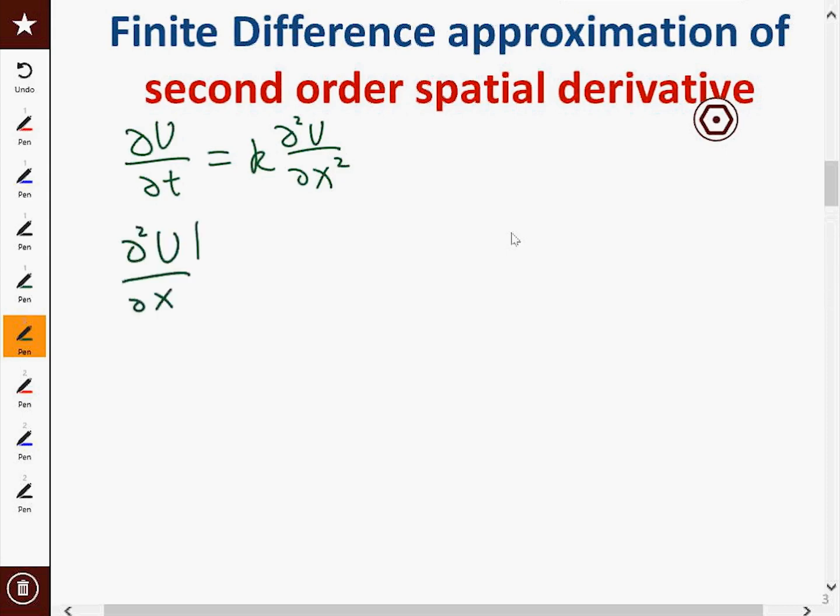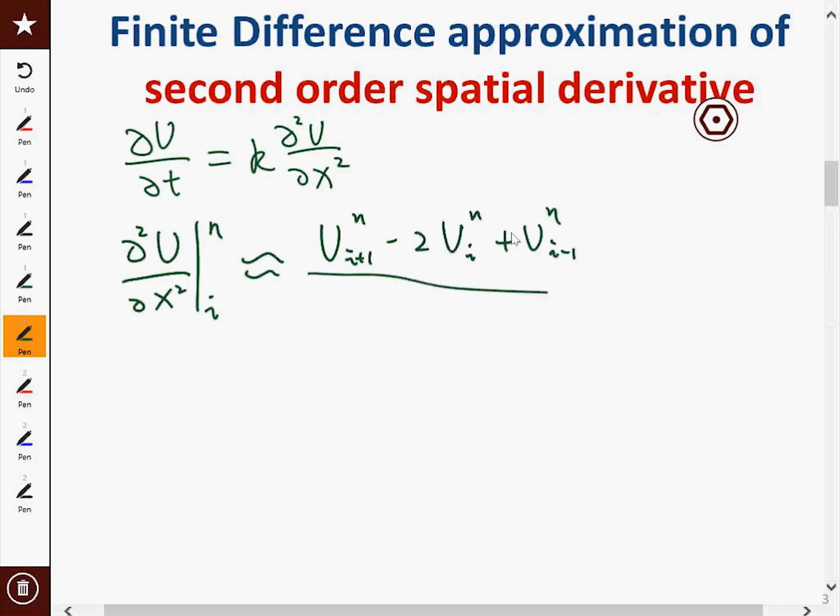The second order derivative has a very concise approximation. The second derivative of u at a particular grid point and time step can be approximated as u of i plus 1 n minus 2 u i n plus u of i minus 1 n, divided by delta x squared.